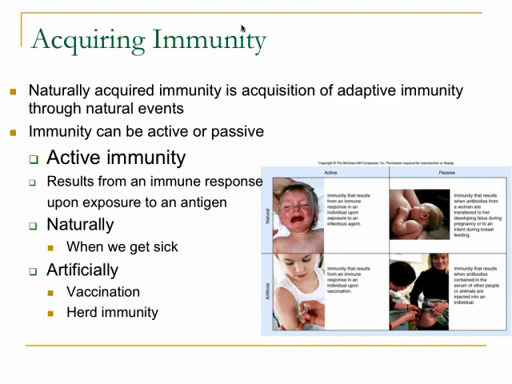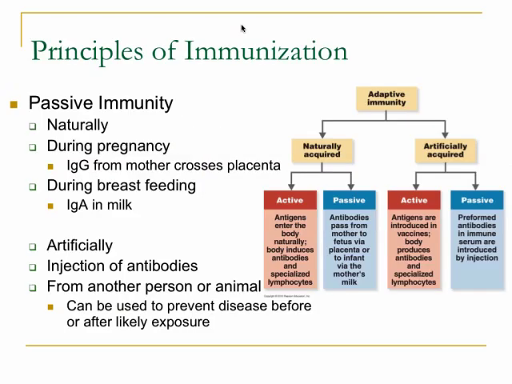The other type of immunity is temporary. It's either early in life when the fetus is developing, there's IgG antibodies that are crossing the placenta, or you get IgA secreted from the mucous membranes in the breast tissue when the milk develops, and so IgA is in the milk.